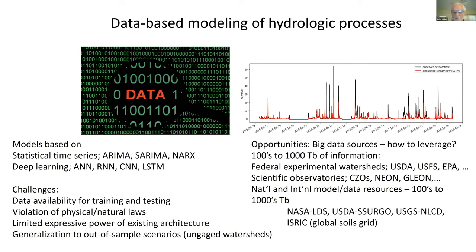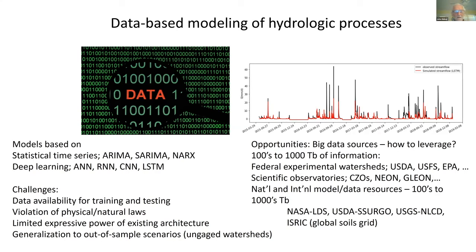And of course, NASA, USDA, USGS, ISRIC, and so forth. Those are organizations that have massive amounts of data. As I mentioned, it runs in the hundreds to thousands of terabytes of information. I think that Chris Duffy in his presentation is going to talk a bit, when he's talking about some work at a CZO, about data rescue, and that there's a lot of data out there that is underutilized in the hydrologic modeling field.